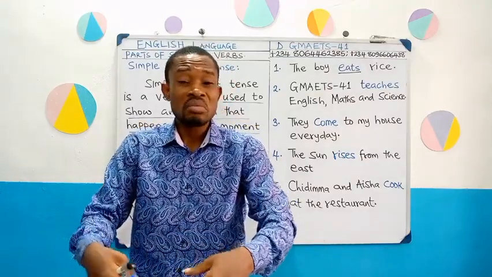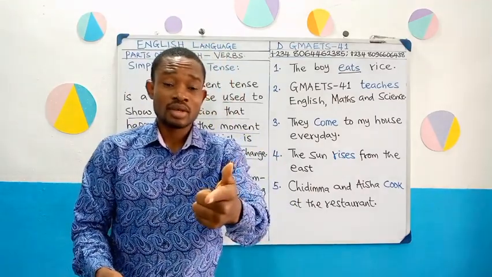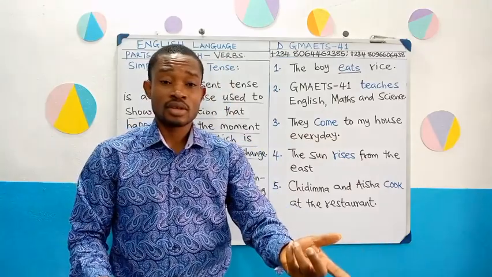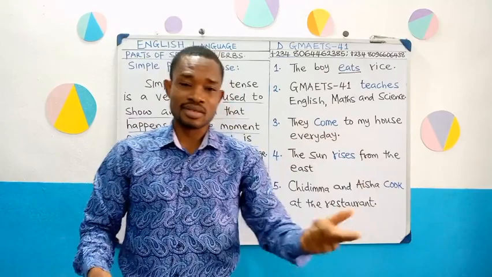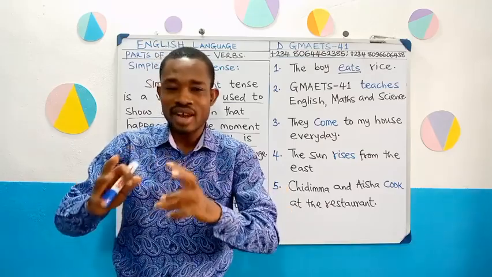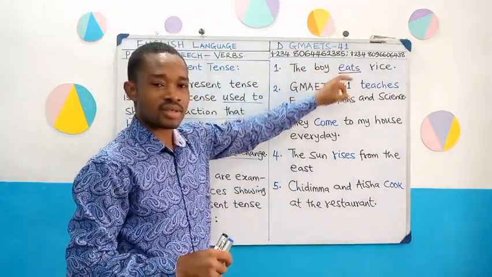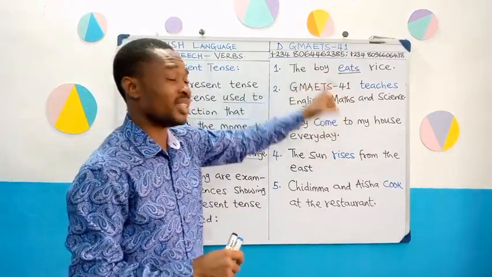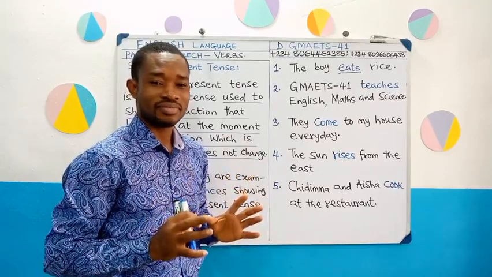But possibly after that moment, if the boy wants to eat food, he may ask for rice. So it's like he likes eating rice. Are you getting me right? That is what he likes eating. So as we use eats, simple present tense, we have the boy eats rice. That's the food he eats.